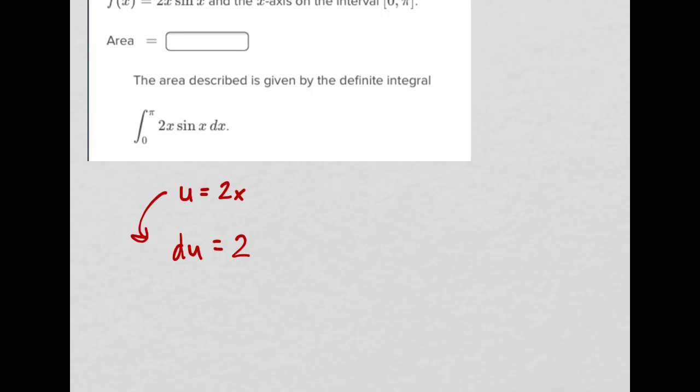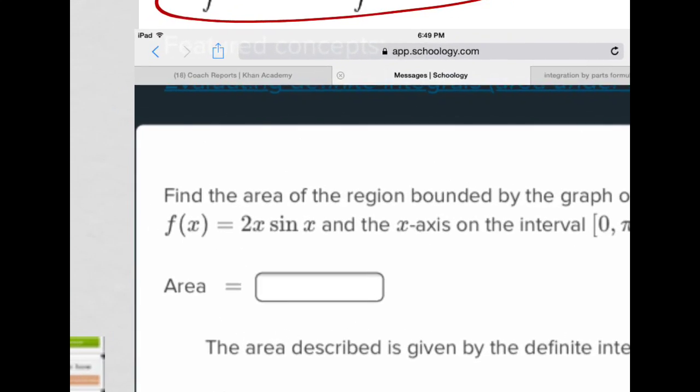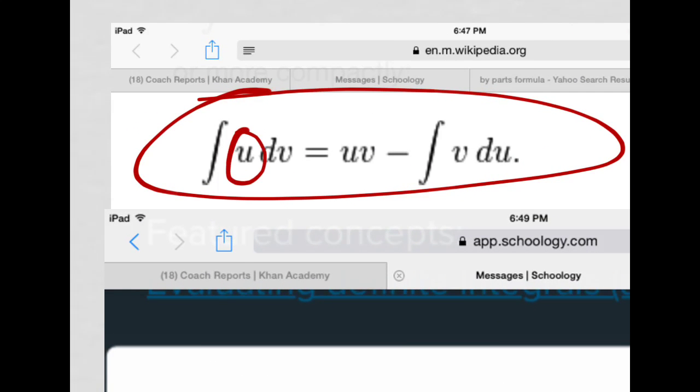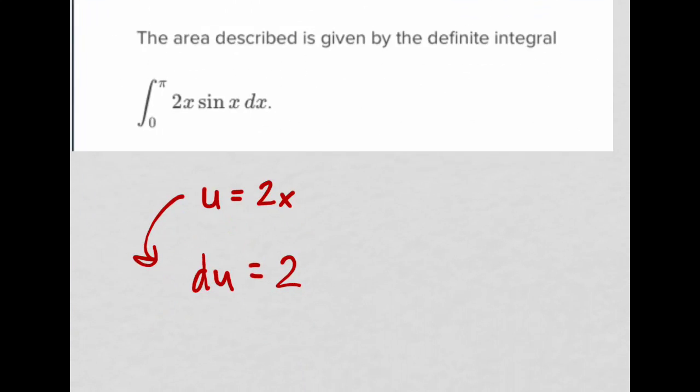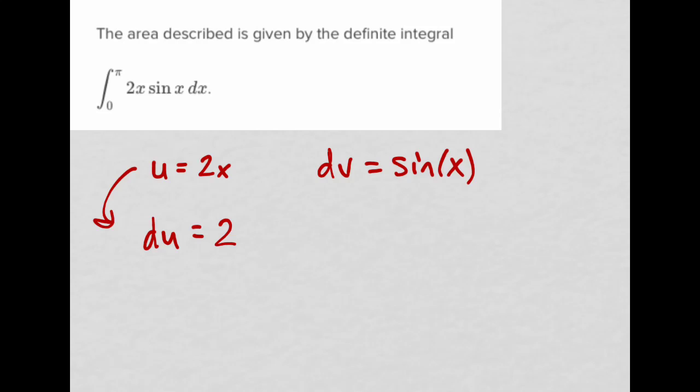And then I also choose a dv, because my integration by parts formula has a u and a dv to begin with. Those are our two parts. So my dv is going to be sine x dx. To get a regular v, I'm going to integrate.